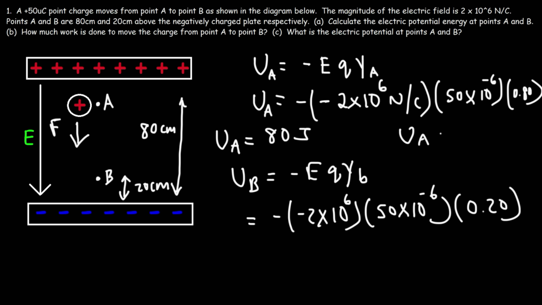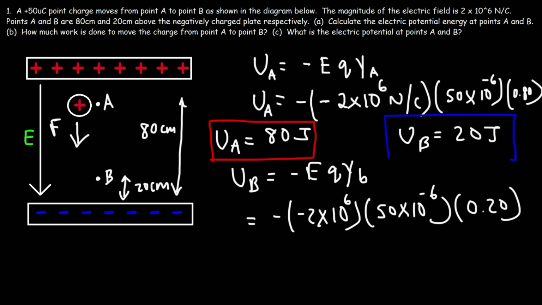So UB is going to be 20 joules. This is supposed to be UB, my mistake. So that's how we can get the electric potential energy at those 2 points.